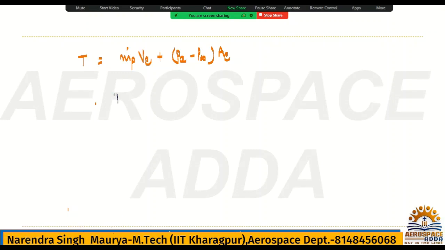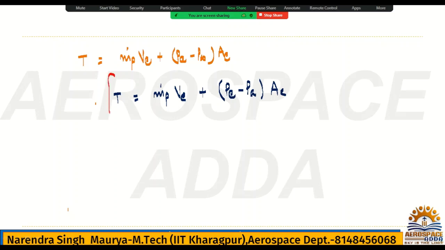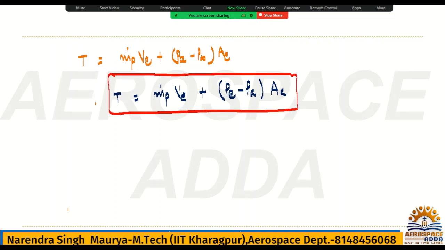You can say T is equal to m dot p Ve plus (Pe minus Pa, the atmospheric pressure) into Ae. This is the thrust equation of the rocket.